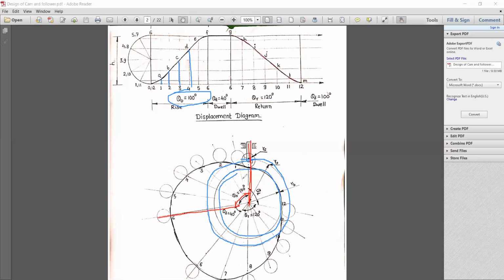Now I have divided it into 6 segments. Sorry, 100 divided by 6. Based on this, we can calculate the division angle.